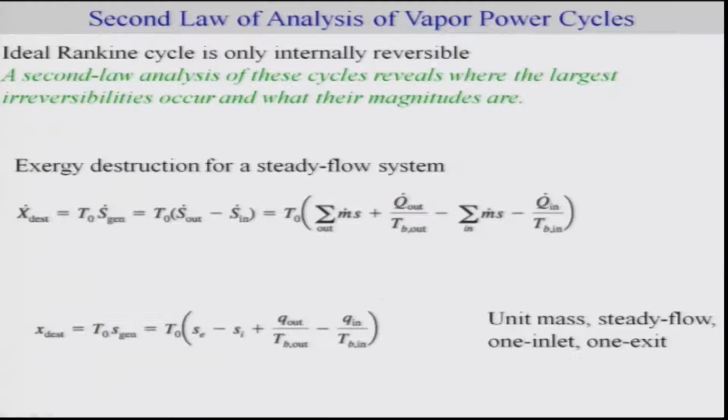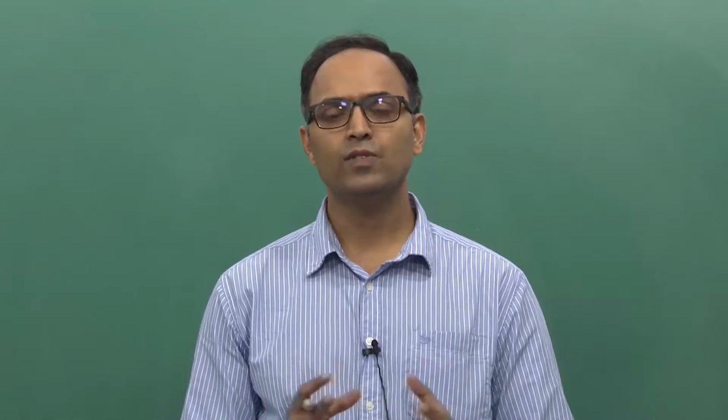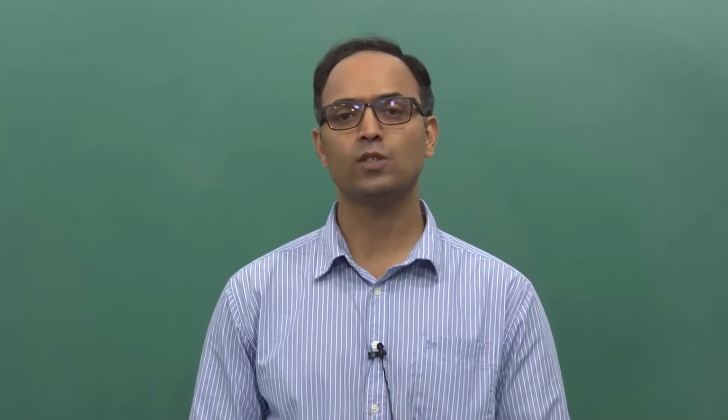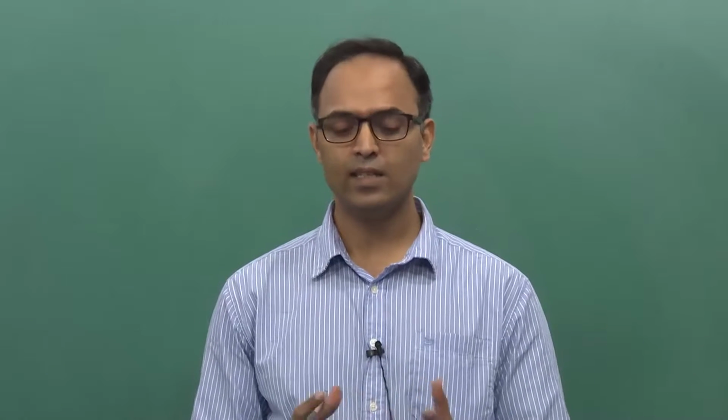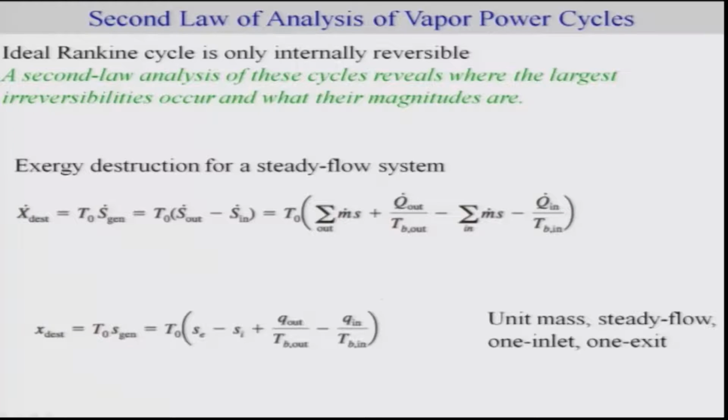Now, we will try to understand the need for second law analysis for the vapor power cycle. As we have discussed, the Carnot cycle is nothing but a totally reversible cycle. So, that means there is no irreversibility associated with it. On the other hand, the ideal Rankine cycle is internally reversible, which essentially means there are irreversibilities associated outside the system.